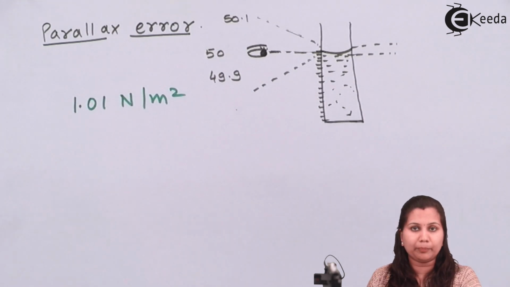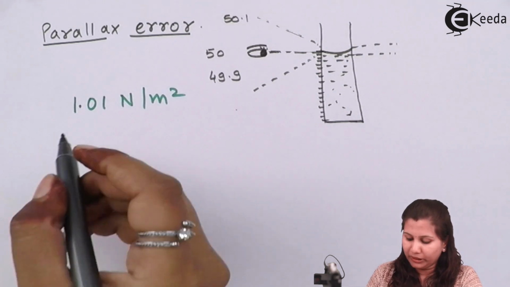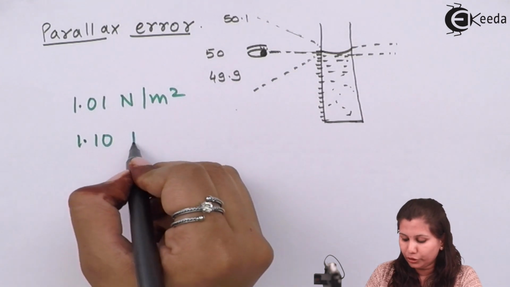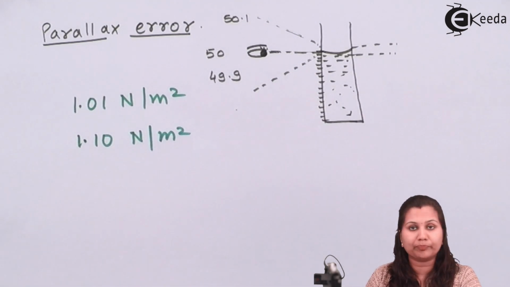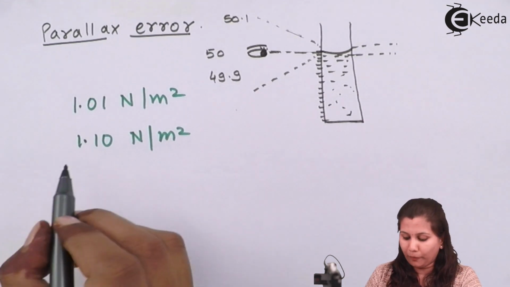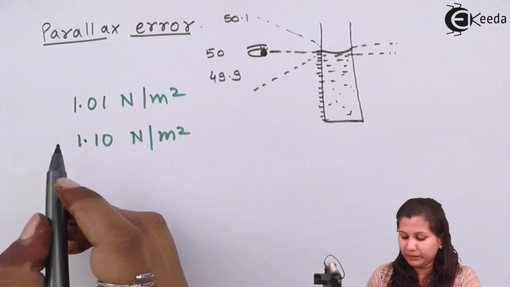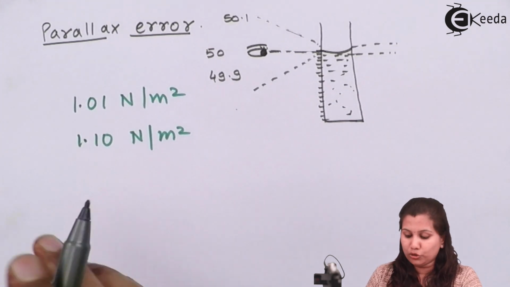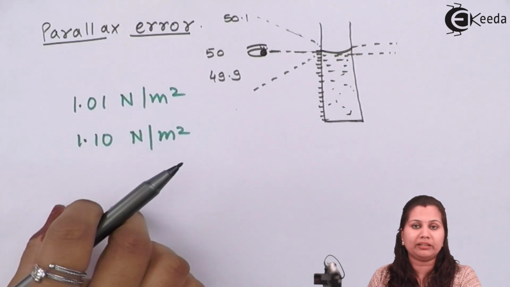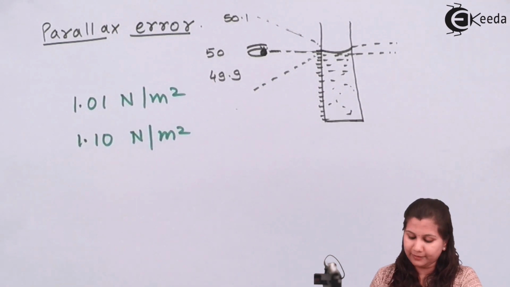Now when he is reporting that pressure, at the time of reporting, he has mistakenly reported 1.10 Newton per meter square. So the actual reading was 1.01, but the operator writes 1.10 at the time of recording on the paper. So due to the mistake of the operator, the reading has been written differently. So this is also an example of gross error.